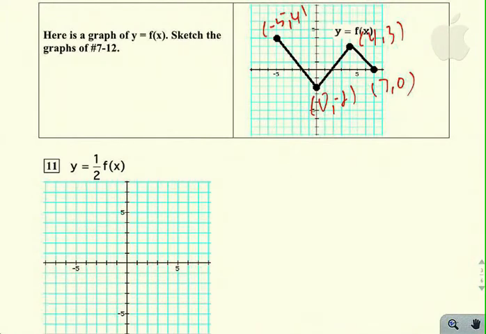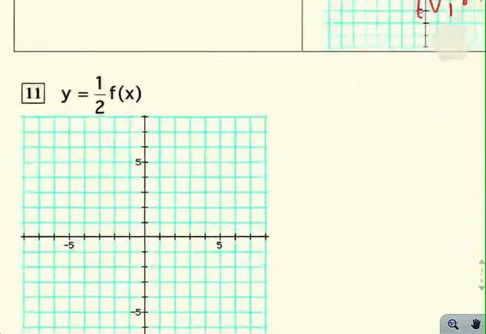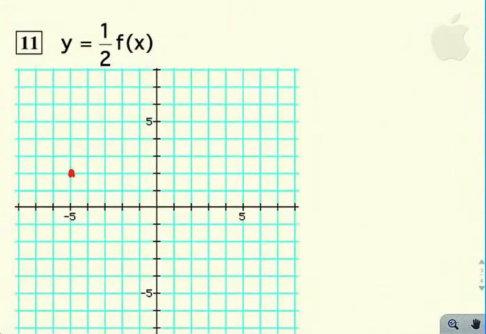So negative 5 comma 2. 0 comma negative 1. 4 comma 1 and a half, or 3 halves, and 7 comma 0.